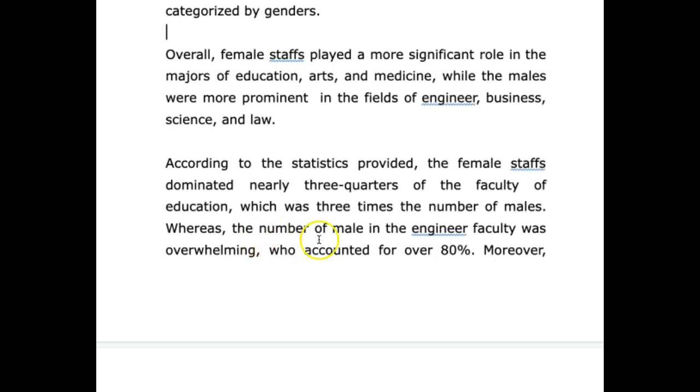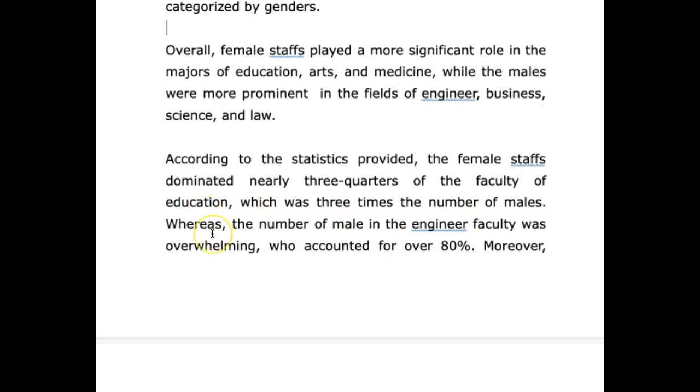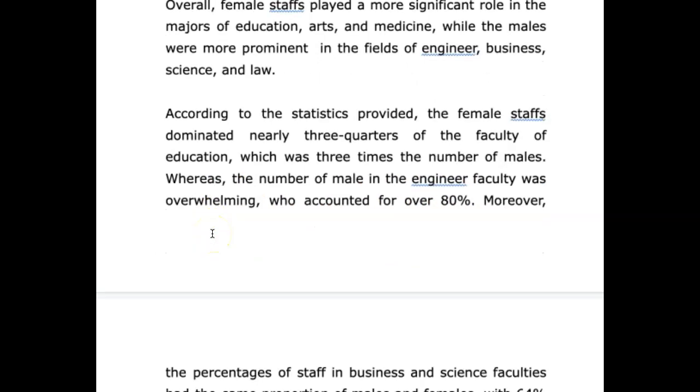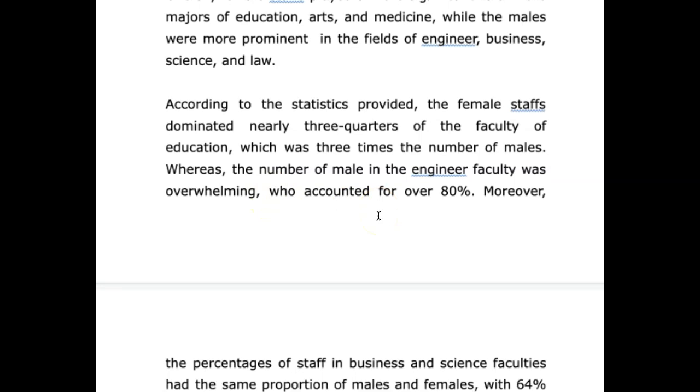So this is what I would have written: whereas the number of males in relation to females, comma, in the engineering faculty was overwhelming, comma. They accounted for, or something, even the men accounted for over 80% of students.